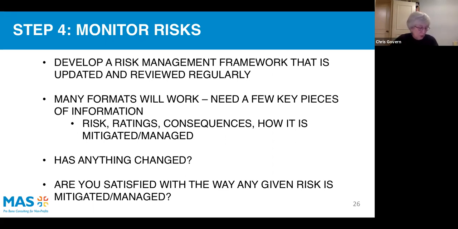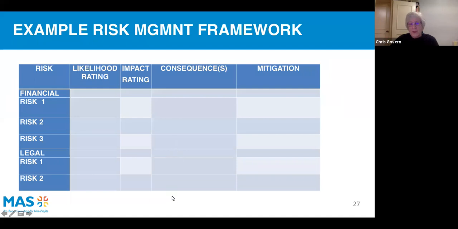So I'm going to go through, and we'll look at what to me a risk management framework would look like. Over on the left, this first column, I've got my buckets. So I've got financial, and then I've listed out the risks I've identified. Got another bucket called legal.